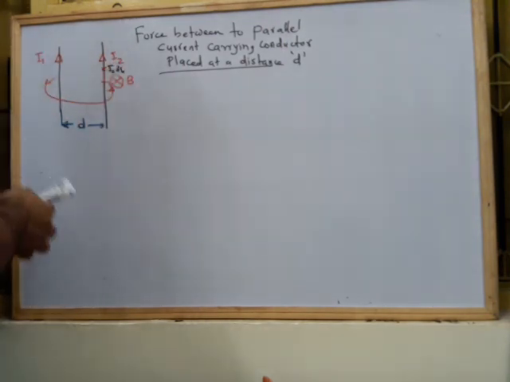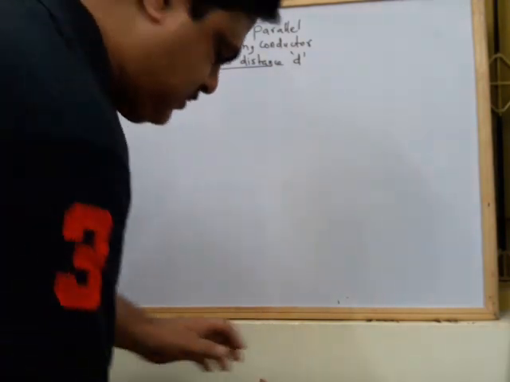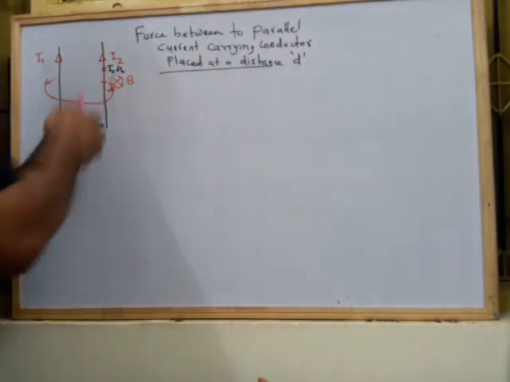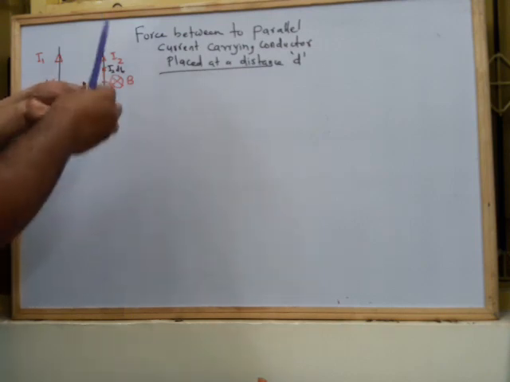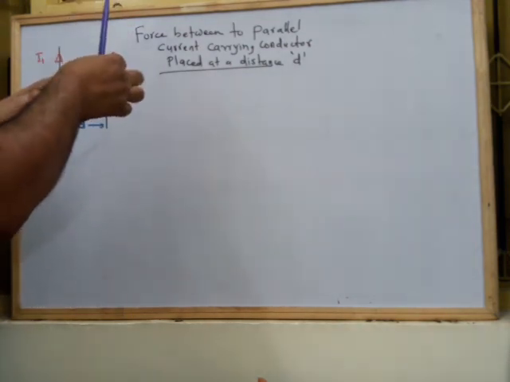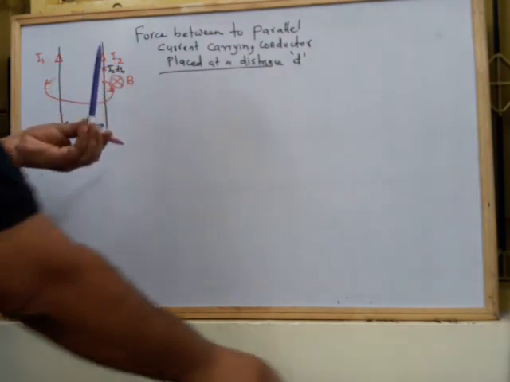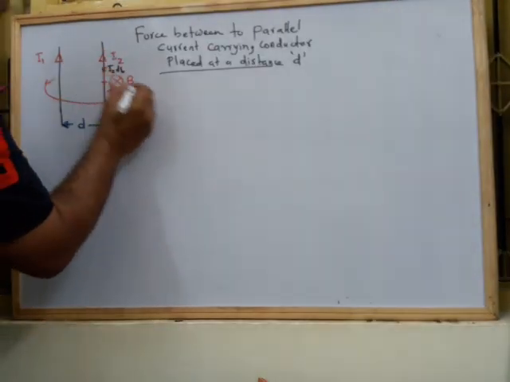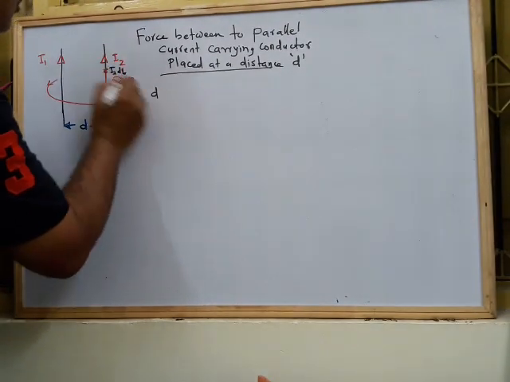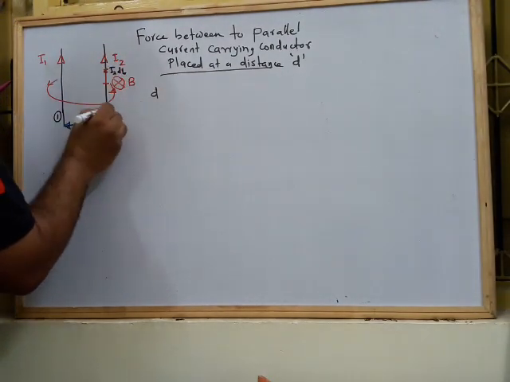Now see here, this is the magnetic field going inside the board, and the wire is carrying current. I2 dL is like this. So what is the force? The differential force on this particular thing: this is wire 1 and this is wire 2.